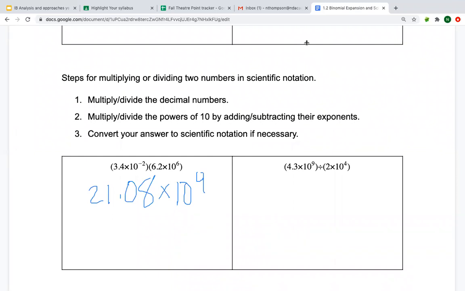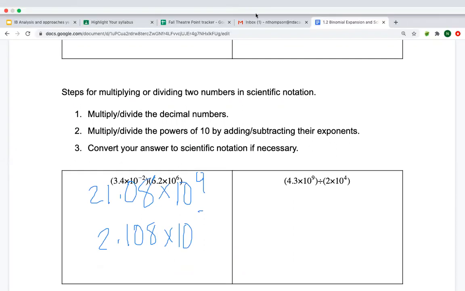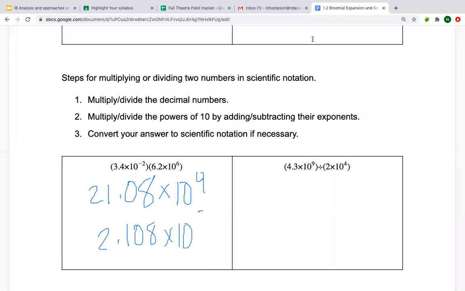So basically what I'm doing is, in order to move that decimal place over, I am dividing by 10, which means I subtract a power. And since I am dividing by 10, I would be left with 2.108 times 10 to the, which means I am left with 10 to the 5th power.